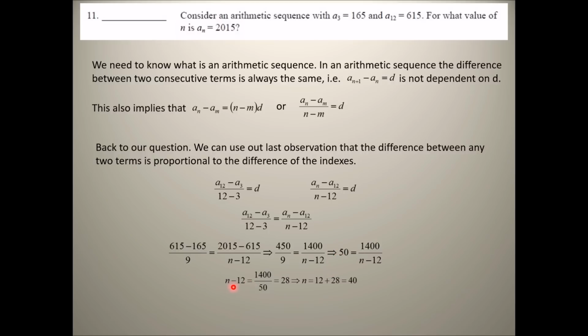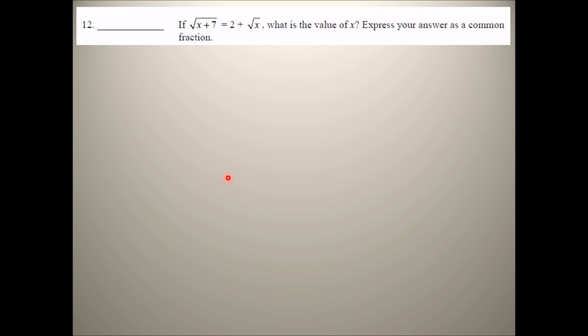You cross multiply to get n minus 12. No, you don't cross multiply. That's silly of me. But anyway, n minus 12 equals 1400 over 50, which is 28. Sorry, n equals 12 plus 28, which is 40. So n equals 40.